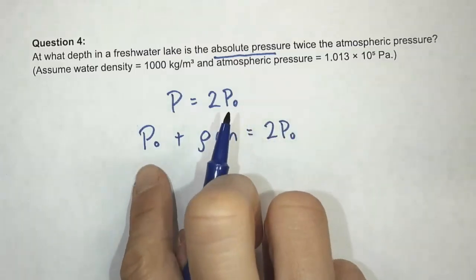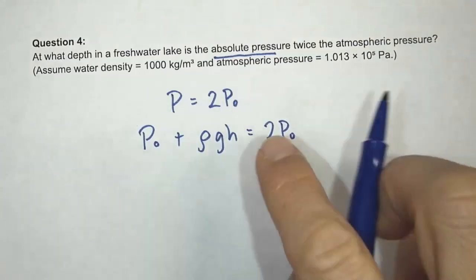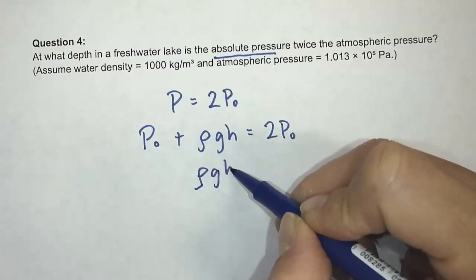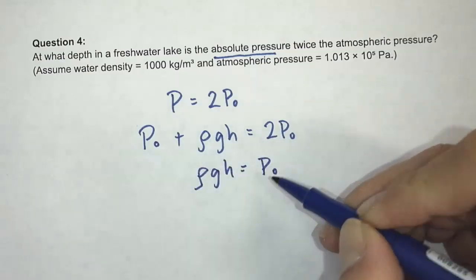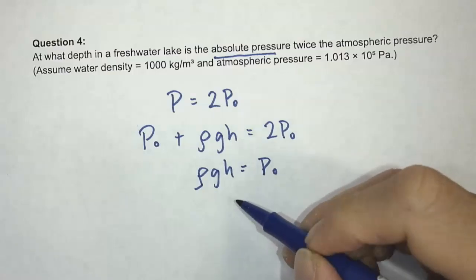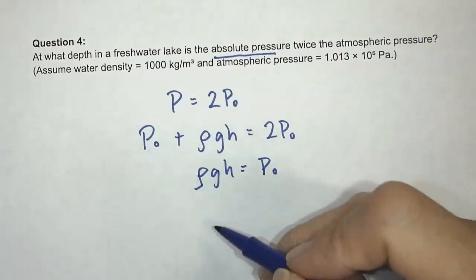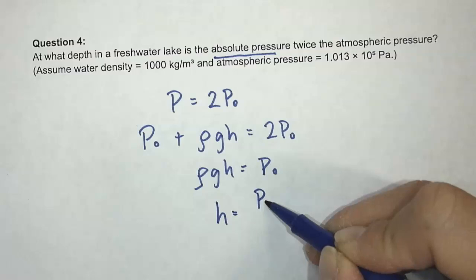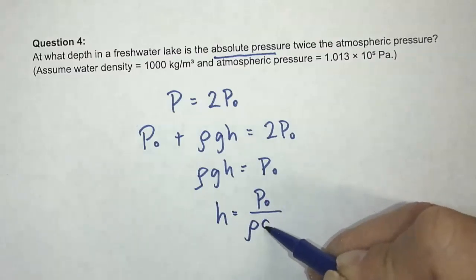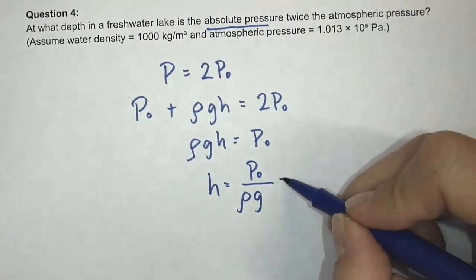Okay, I'm going to subtract a P naught on both sides. So I end up with rho GH is equal to P naught. And then I solve for H. I'm going to divide by rho G on both sides, and I get H is equal to P naught divided by rho G.